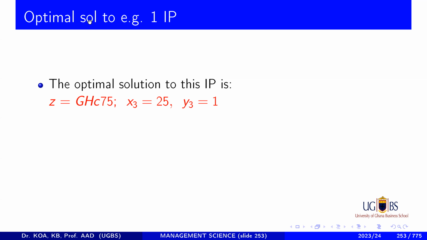So what advice will you give to the manager of TTL, Imi? So I would advise the manager, in order for him to maximize profits, he should get the machine for producing the pants so that he'll be able to make a maximum profit of 75 Ghana cedis.